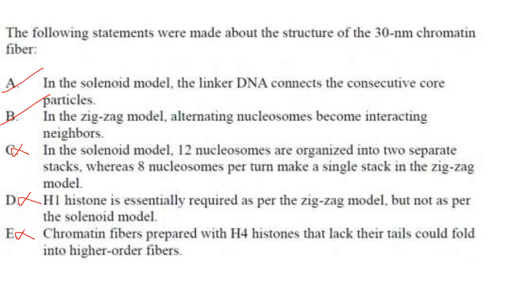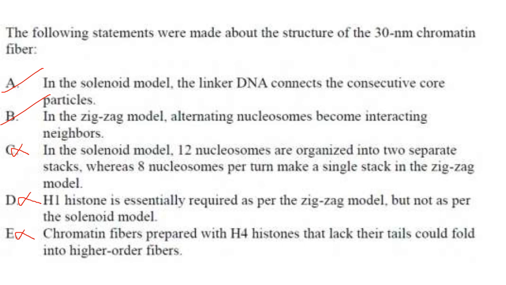In the zigzag model, alternating nucleosomes become interacting neighbors. That is also correct. In the solenoid model, 12 nucleosomes are organized into two separate stacks. It is not 12 nucleosomes, it is 6 nucleosomes, whereas 8 nucleosomes per turn make a single stack in the zigzag model. So statement C is not correct.